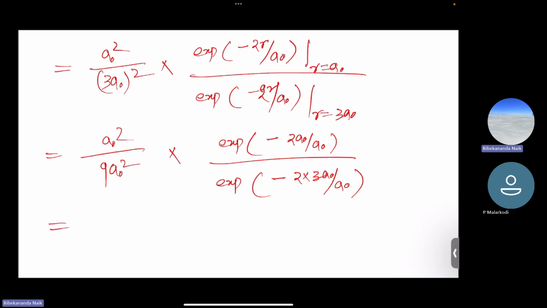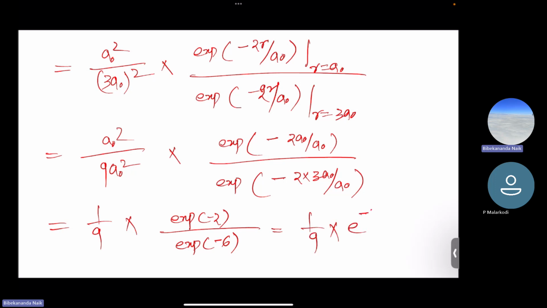So it will be 1 by 9 into exponential minus 2 divided by exponential minus 6. It will be 1 by 9 into e to the power minus 2 plus 6. So 1 by 9 into e to the power 4. So 1 by 9 into e to the power 4 means it is 2.71 to the power 4.